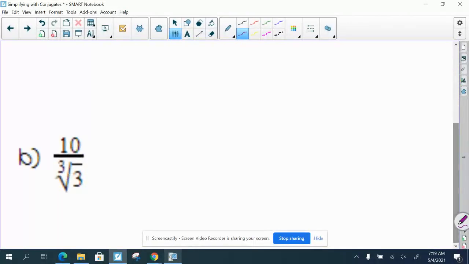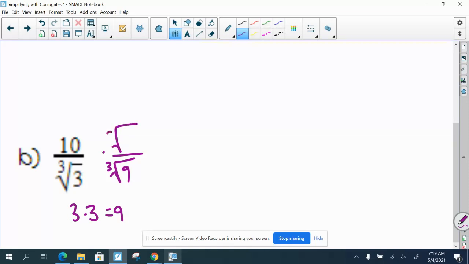Okay, so we have the cube root of 3. So I need 2 other 3s to go into this so that it can come out as a 3. So this would be 9. So I'm going to multiply the numerator and denominator by the cube root of 9.